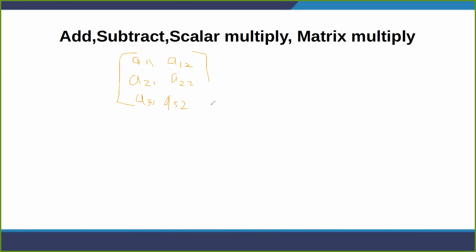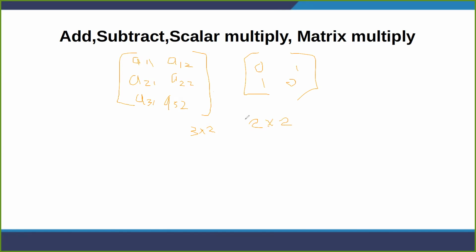There is a rule for this. This is three rows, two columns. Now I'll write 0, 1, 1, 0. This is 2 cross 2.